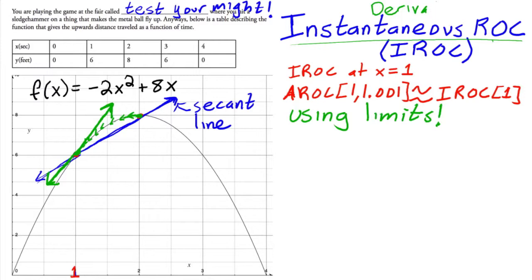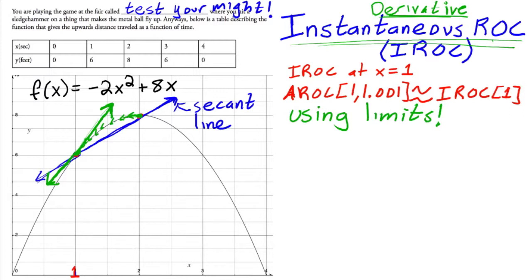Those three things are exactly the same thing. We're going to be talking a lot about those in the near future. For now, just remember the derivative at a point, the instantaneous rate of change at a point, and the slope of the tangent line at a point are exactly the same thing.